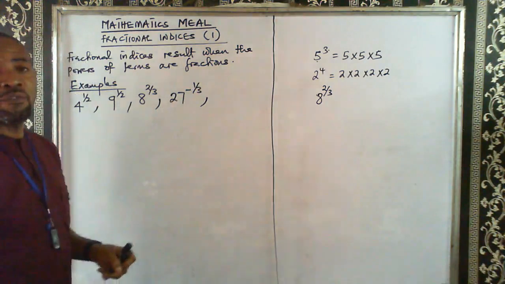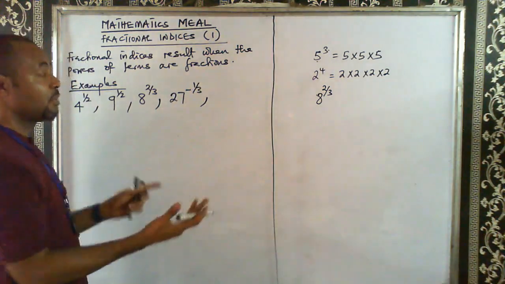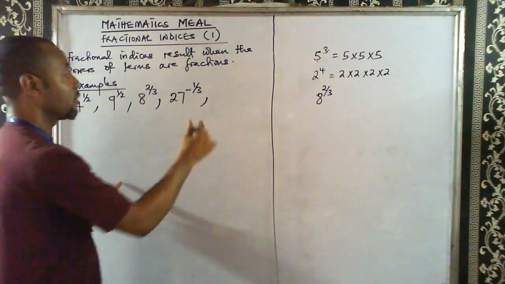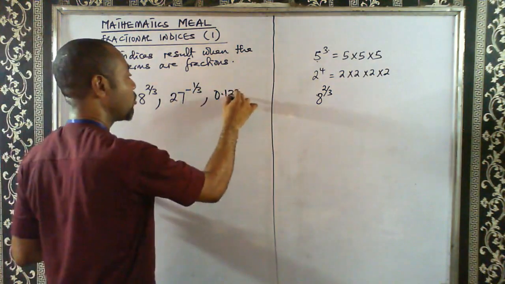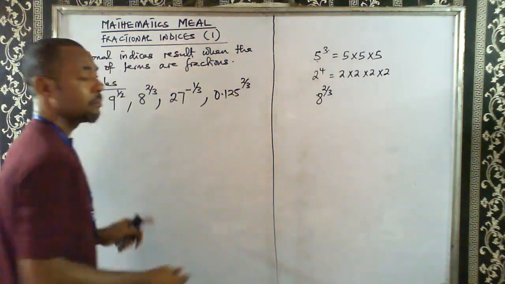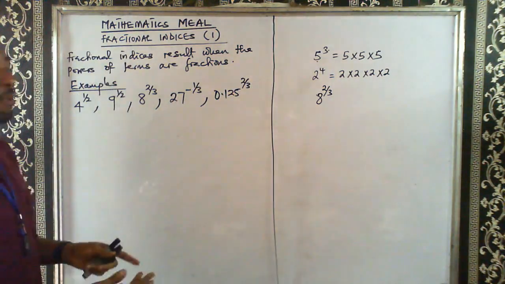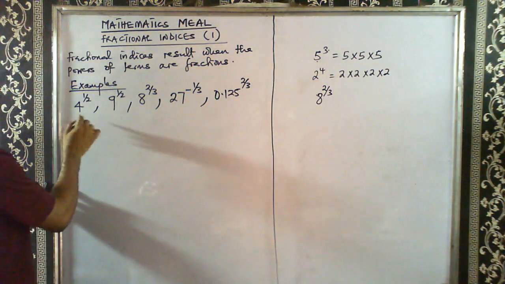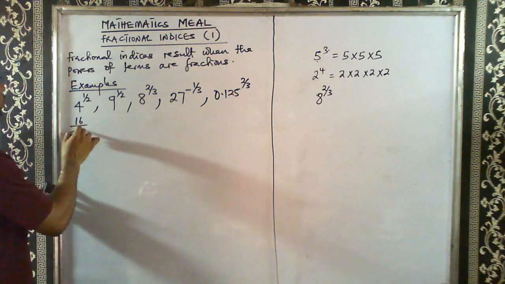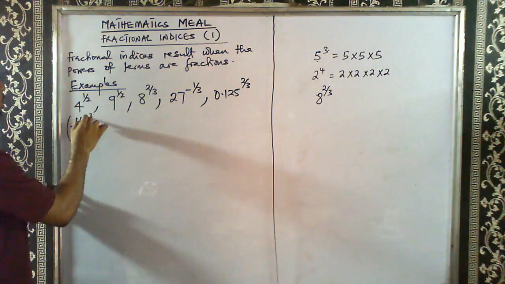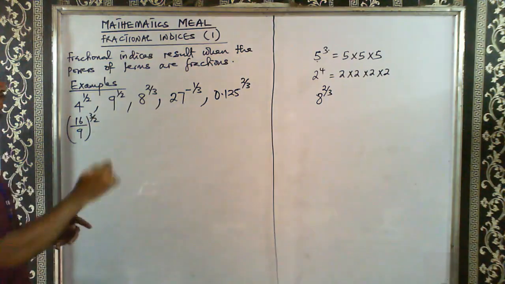It's still possible that the base will be a decimal, so I can have 0.125 raised to the power 2 over 3. It's still possible that the base will be a fraction that carries a fractional power, so I can have something like 16 over 9 all raised to the power 3 over 2, and so on.